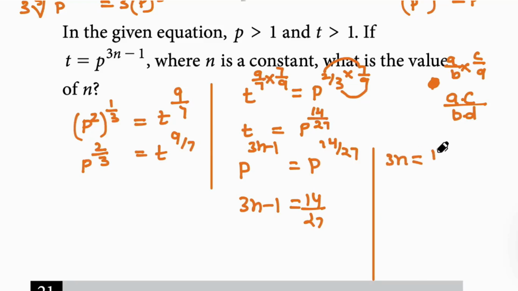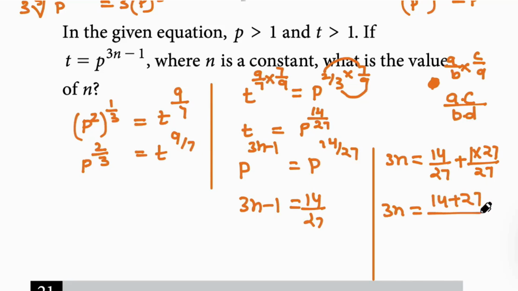Adding 1 on both sides. Right? Now when we are adding fractions, either we can use butterfly method or we can make the denominator same. Here making the denominator same makes much more sense. So let's do it. So it is 14 plus 27 over 27.